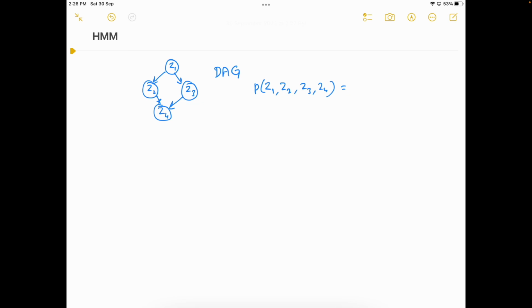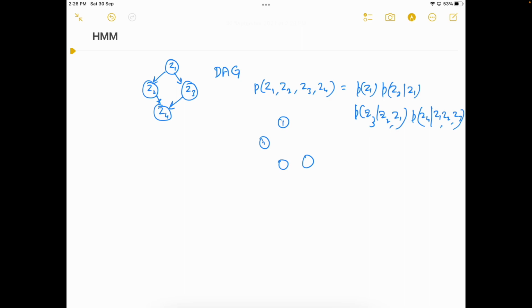If you apply the chain rule, it becomes P of Z1 into P of Z2 given Z1 into P of Z3 given Z2, Z1 into P of Z4 given Z1, Z2, Z3. That's it. And draw the graph. Simple chain rule, right? How will you draw the graph now?